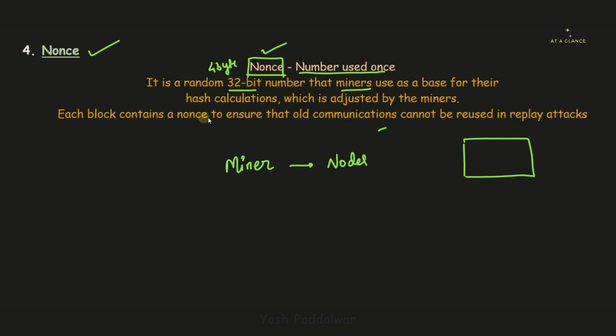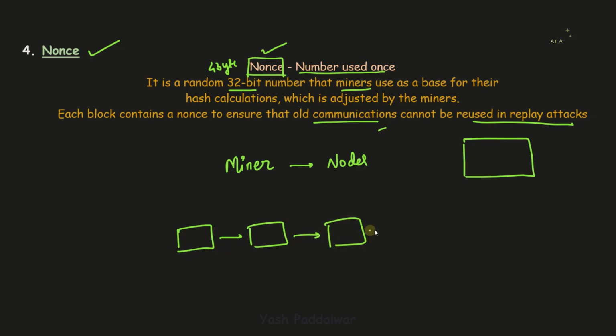Each block contains a nonce to ensure that old communication cannot be reused in replay attacks. This is the most important thing a nonce is used for. Now, let's say we have the chain of blocks that are present inside the blockchain for now. Because this nonce is a unique number that is given to every single block, the attacker cannot claim usage of older communications.